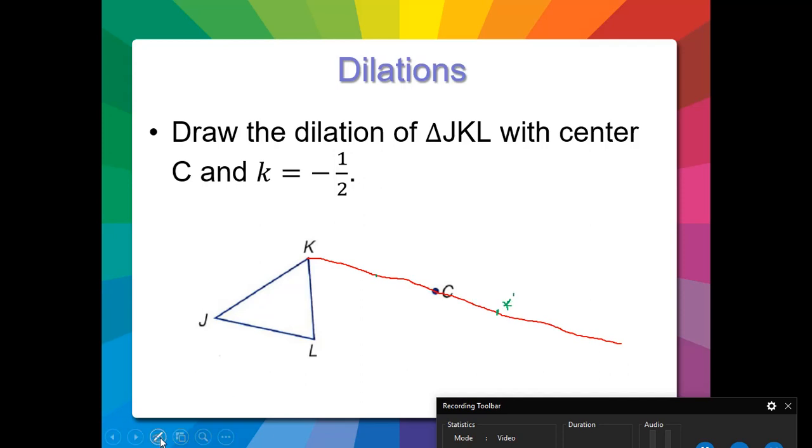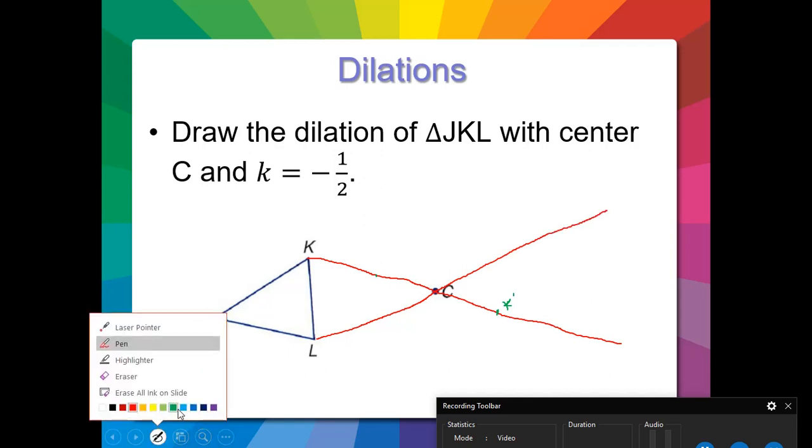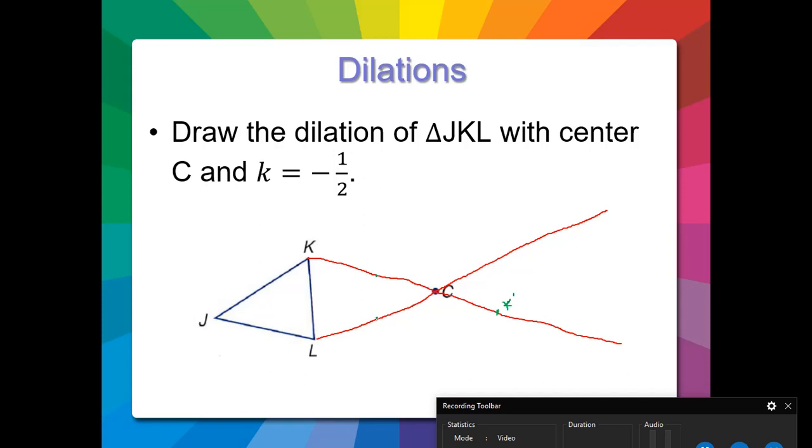We're going to draw another line, from L to C, and I'm going to keep going. For L prime, half the distance is approximately here. I'm going to do the same over here, L prime. Our last point, we're going to take J, go through C, and continue on.